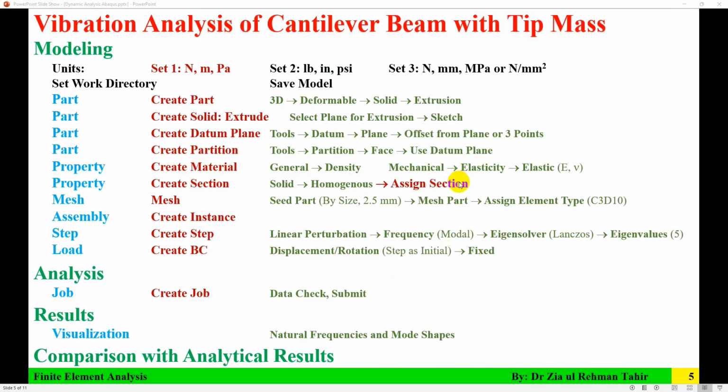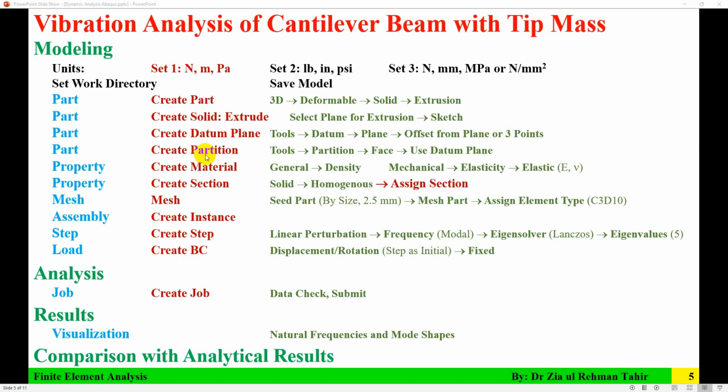So now finally, the summary of this video tutorial. It is a vibration analysis of a cantilever beam with tip mass. First I modeled the beam using these steps: create part, create solid extrude, create datum plane, create partition, create material, create section, mesh, instance, step, and boundary condition.